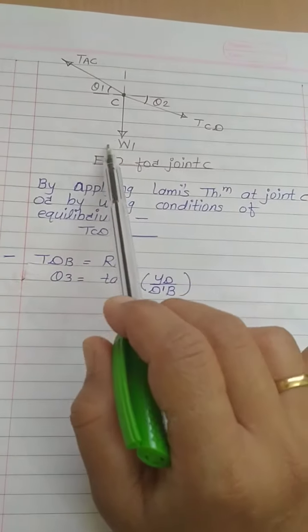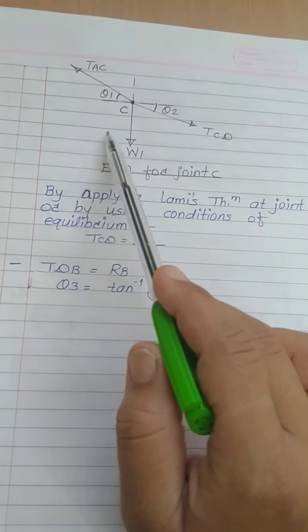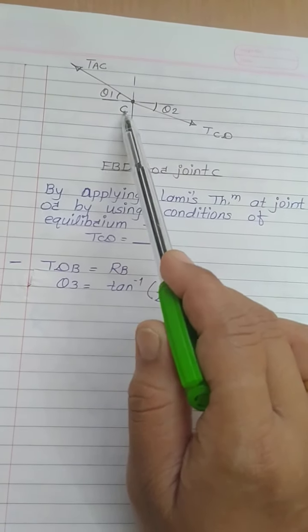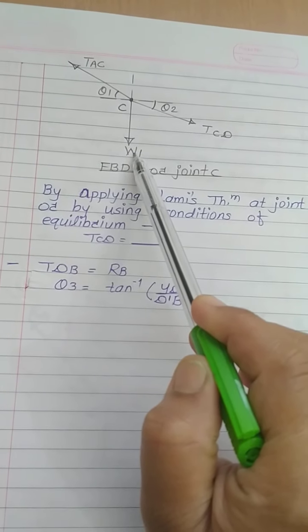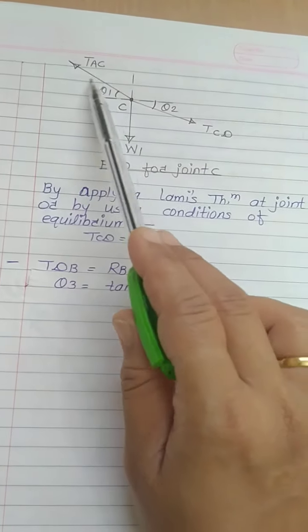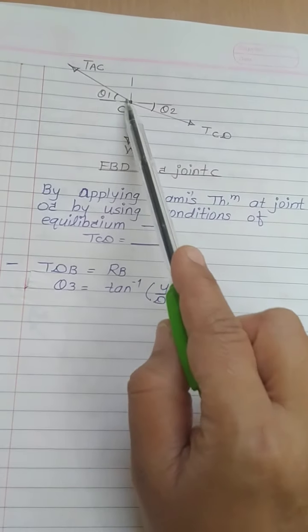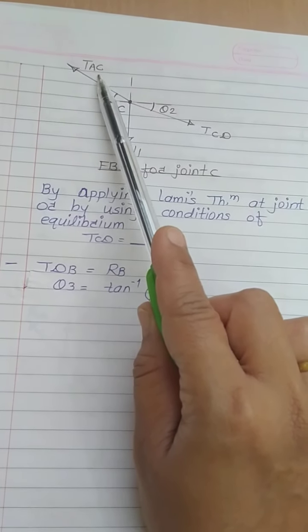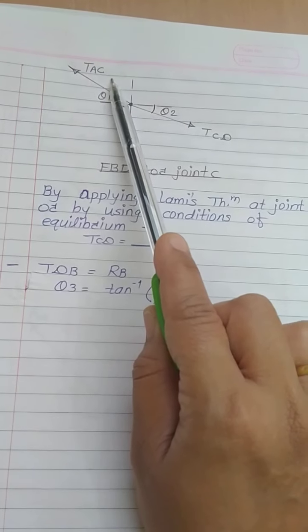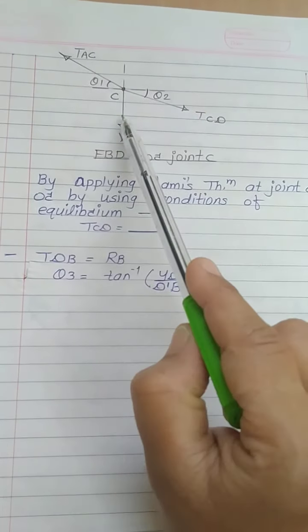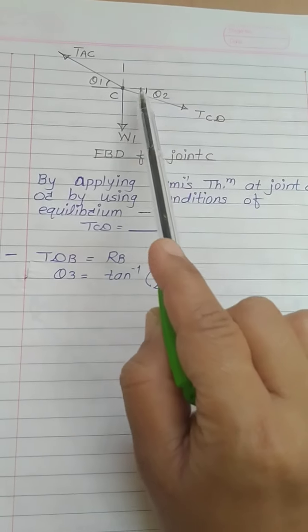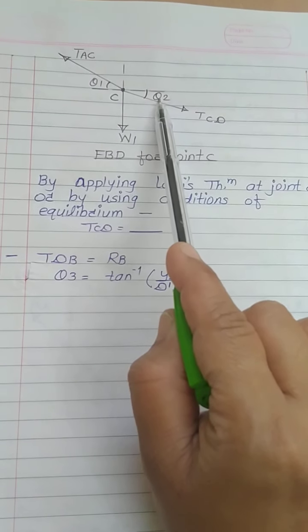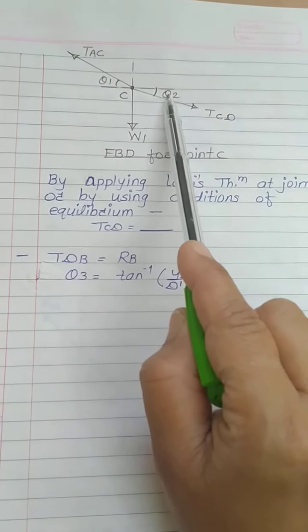After getting theta 2, we have to draw separate free body diagram for joint C. Now look, at point C there is W1 weight attached at point C. There is tension acting in this part TAC, which is equals to T1, which is equals to RA. And this is tension in part CD, which is unknown for us, and it is acting at an inclination of theta 2 with respect to horizontal line.